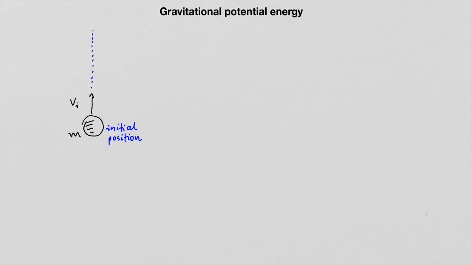And it's going to slow down as it's going up, and eventually it will stop at the highest point of the trajectory. At the highest point, the ball is going to have a different velocity, v final, which will be 0 since the ball is instantaneously at rest. And this position of the ball I'm going to call final position.